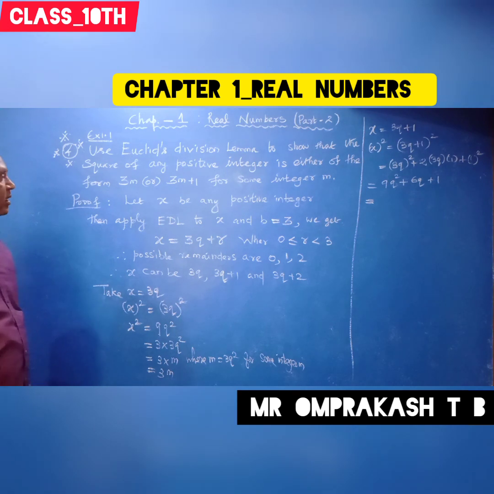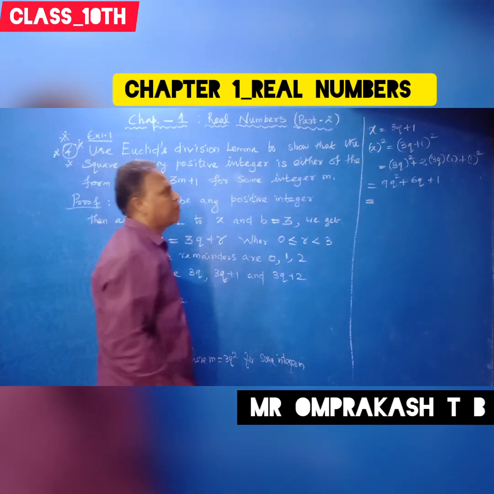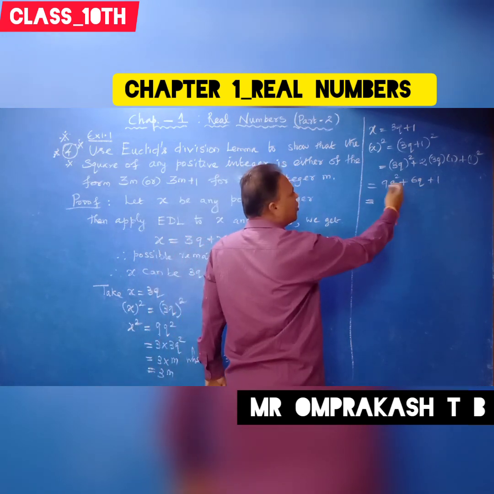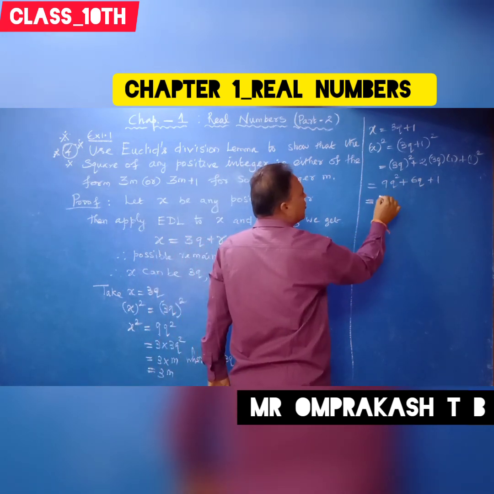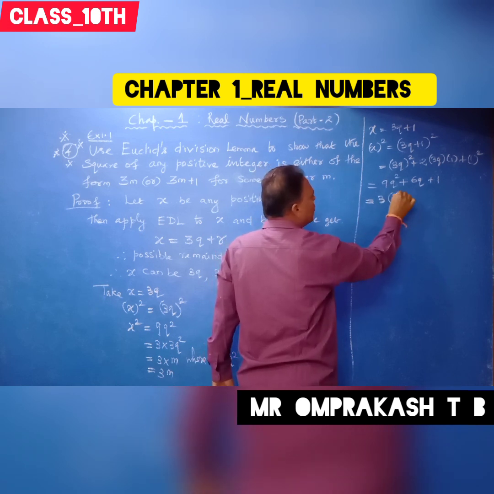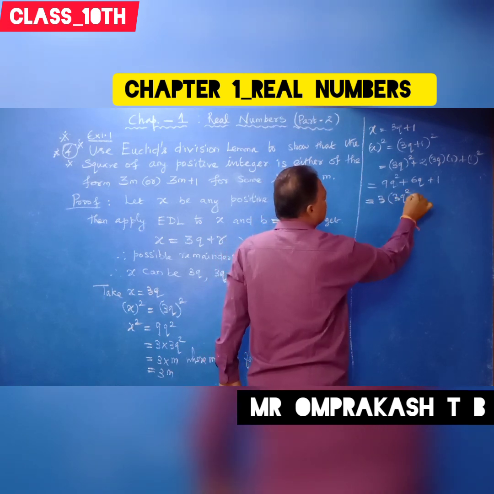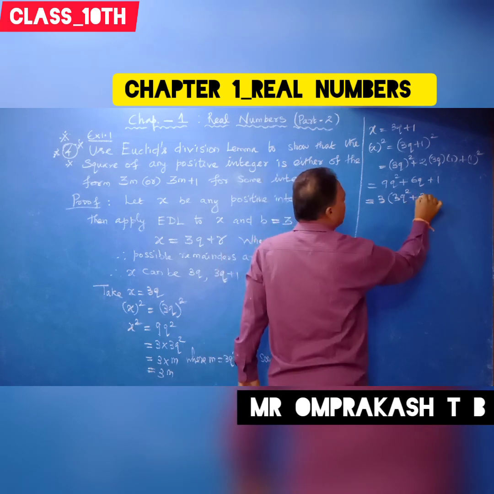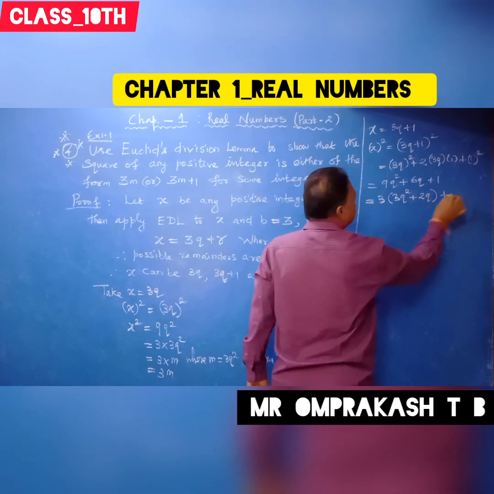3q is common, but we have to get the form 3m. Clear? So take 3 alone common. Ignore q, only 3 alone you take common. 3 common means here 3q squared plus here 2q. If you have doubt, you multiply and see.